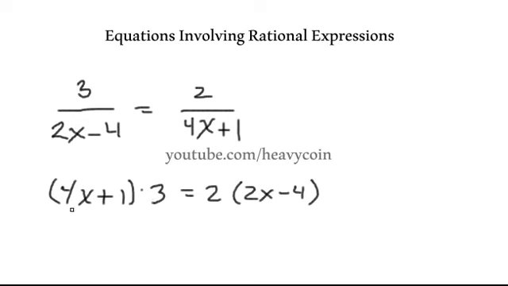Let's distribute the 3 across here, so we end up with 12x plus 3 is equal to 4x minus 8.